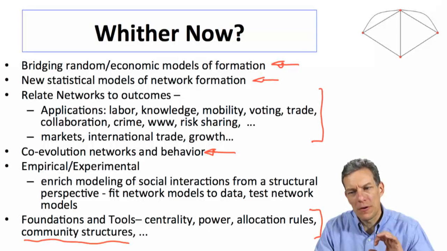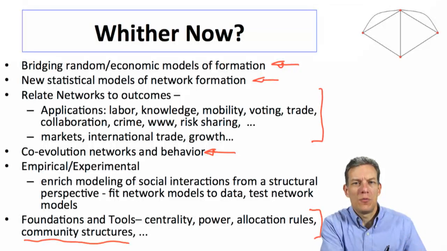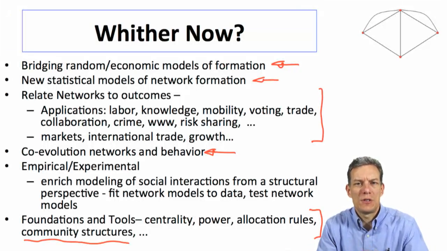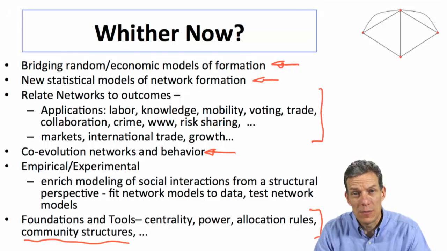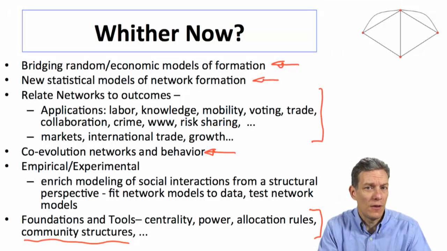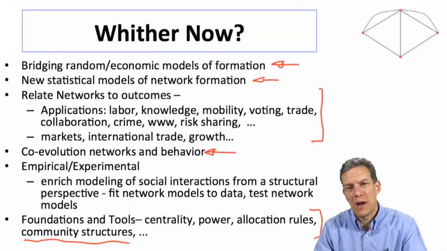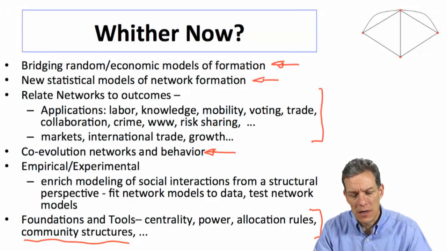There's a whole series of questions that can be addressed technically using modeling, but we would want to understand which approaches we should use in which situations. And so there needs to be more foundational work done just in understanding what the properties of different, say, centrality measures are. Which ones react in which ways to different network changes? What are they measuring? What are we getting out of this?